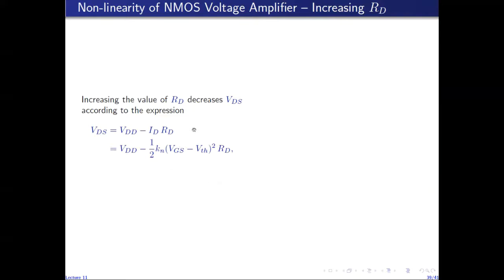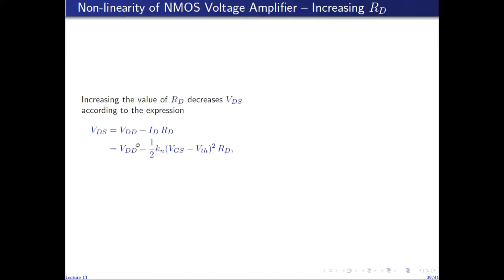Since the gain of the voltage amplifier in the saturation mode depends on the value of RD, and the output DC value of the drain to source voltage also depends on RD, we see that if we increase the value of RD, then the output DC component of the drain to source voltage, which is given by this expression, decreases.